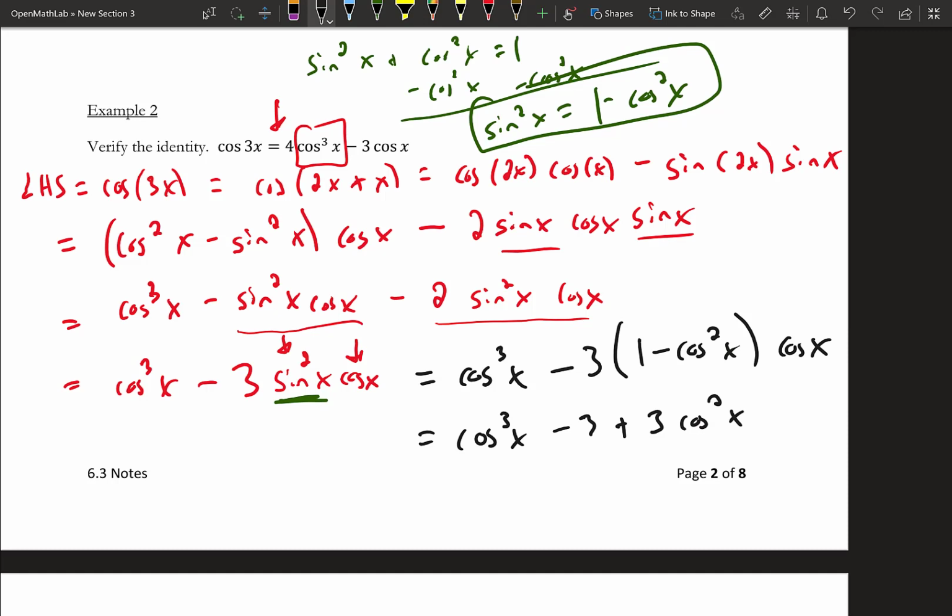So we still have this factor of, so I'm going to put, let me write it like this.